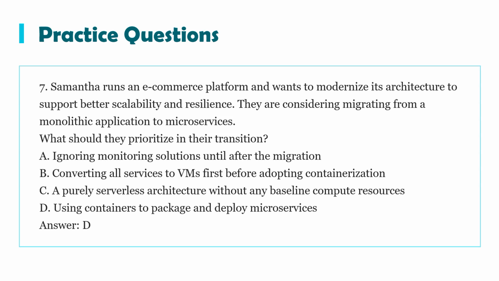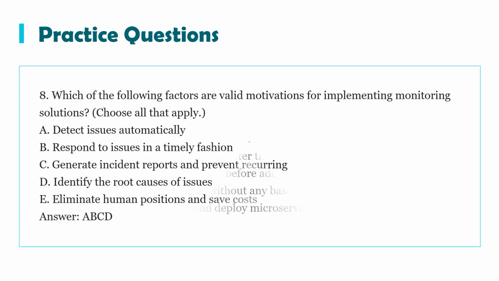B. Converting all services to VMs first before adopting containerization. C. A purely serverless architecture without any baseline compute resources. D. Using containers to package and deploy microservices. Answer: D.